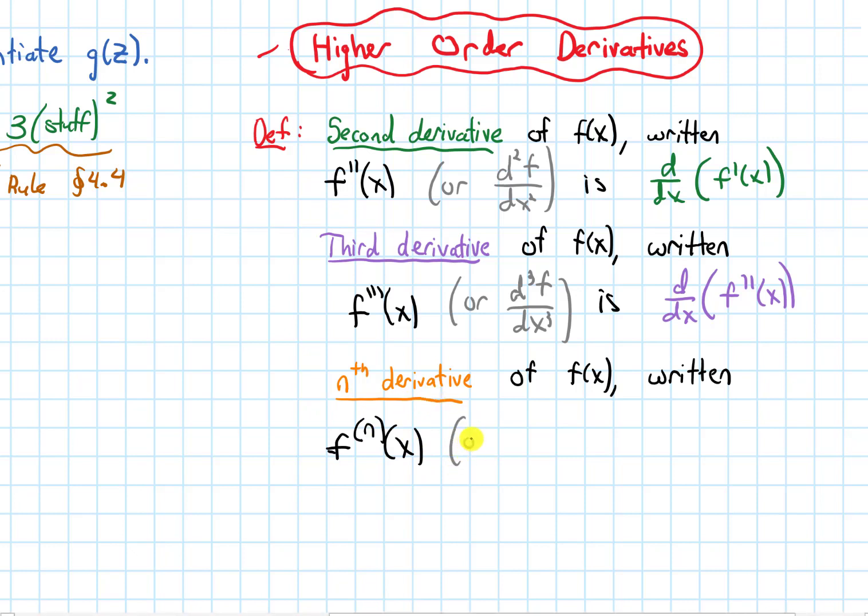Or I could also write it in my other notation as dnf dxn. And this is the derivative of the n minus first derivative. So f, I would put in parentheses n minus 1, and then parentheses x. And the convention is I usually switch to this notation for multiple derivatives as soon as we get to 4.